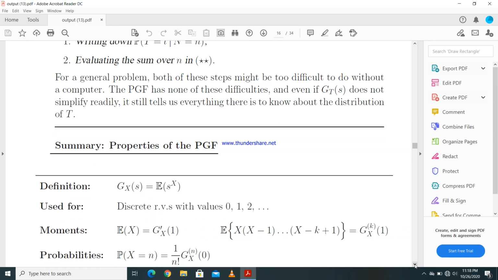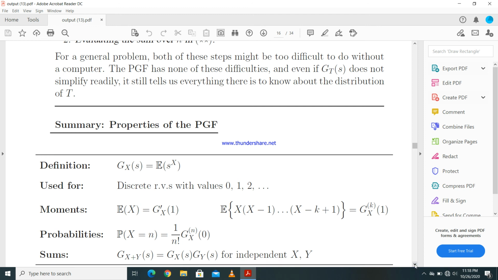There are some properties of the probability generating functions that we have discussed so far. When you take any random variable X, the probability generating function is denoted by G_X(s), which is equal to the expectation of s to the power X. In this case we are going to talk only about discrete random variables.